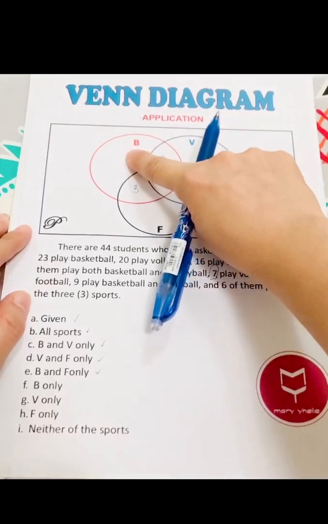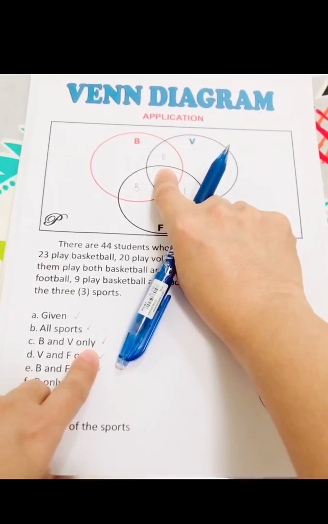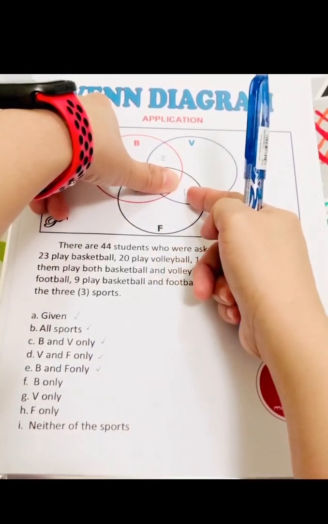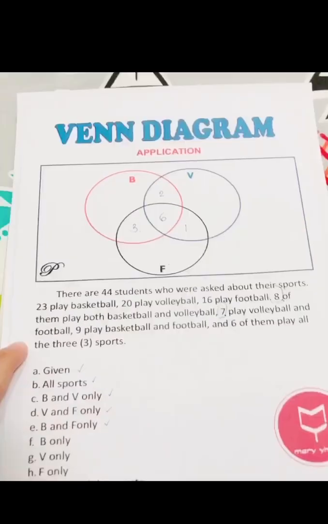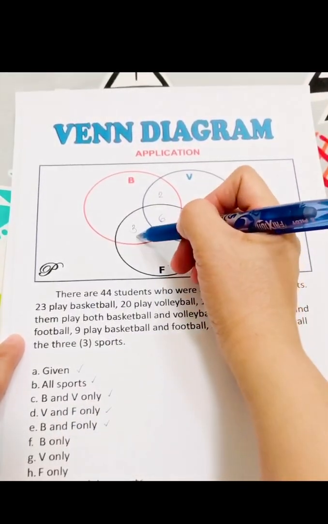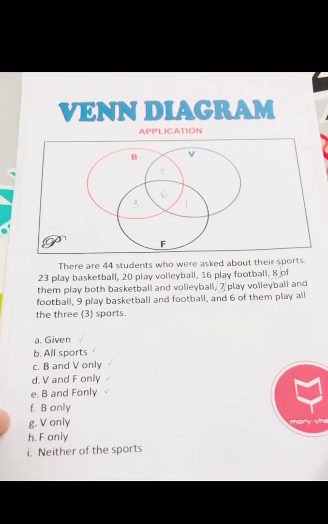Those who played basketball and volleyball only would be 2, and those who played volleyball and football only is 1 student. And those who played basketball and football only would be 3. Got it? I hope you can follow.